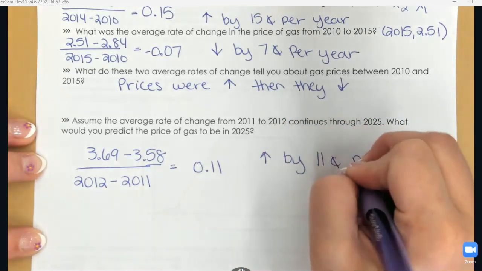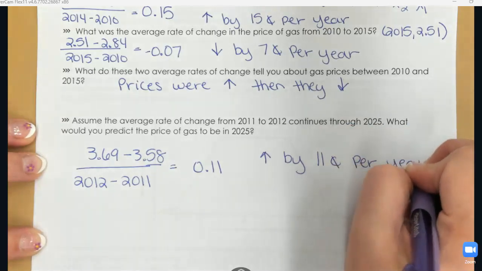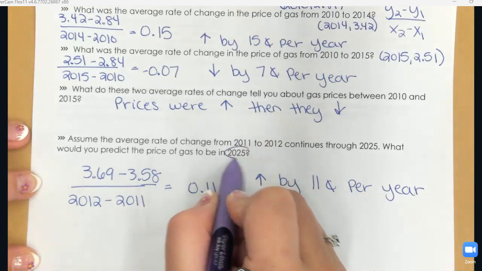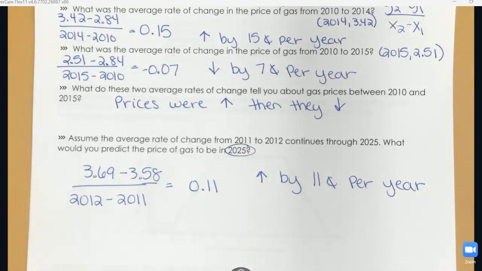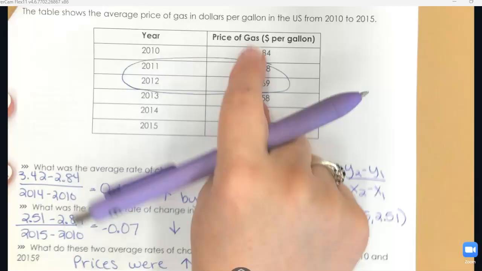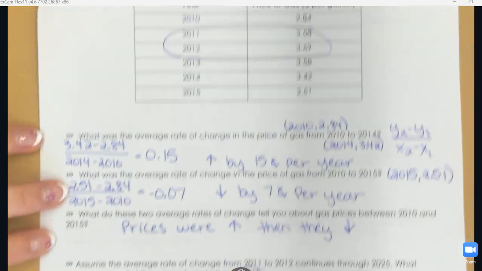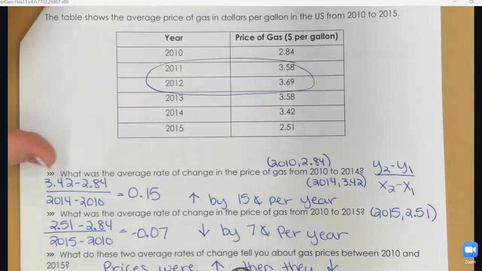So what this means, again in context, is that the price of gas is increasing by about 11 cents per year. So if we want to predict the price of gas in 2025, what we need to do is figure out, well, what was the price of gas in 2010? In 2010, it was $2.84. And how many years are there between 2010 and 2025?